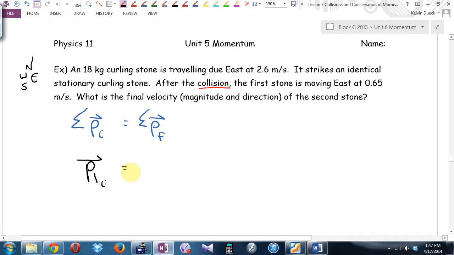Wham! They collide. My aim was off. After the collision, what's moving? Mass 1, mass 2, or both? Stuck together or separate? So momentum 1, final. Momentum 2, final. Now I've got my setup.